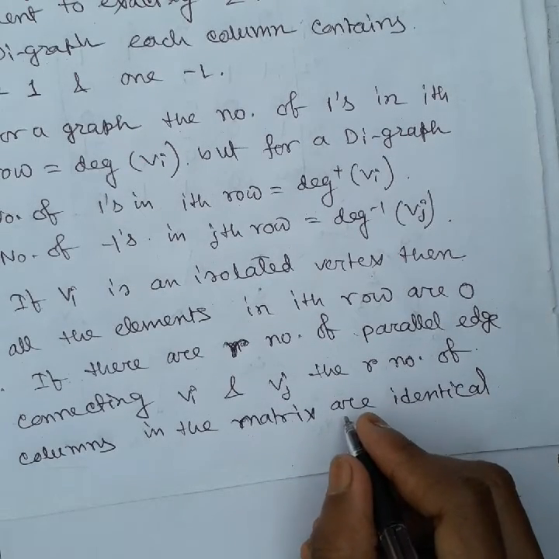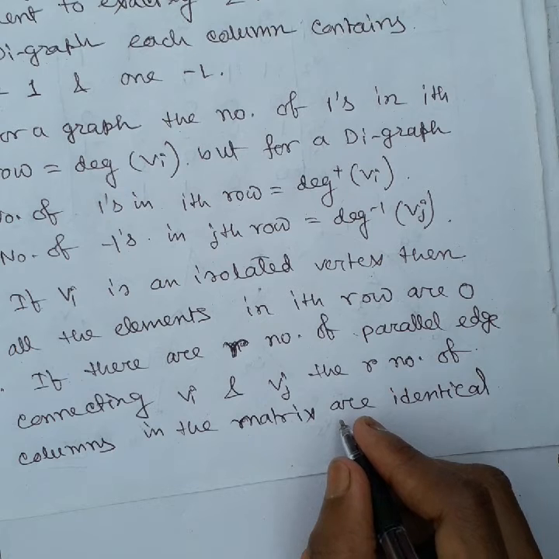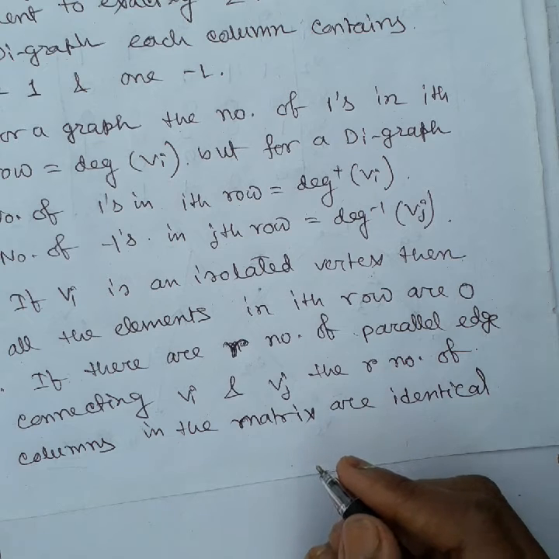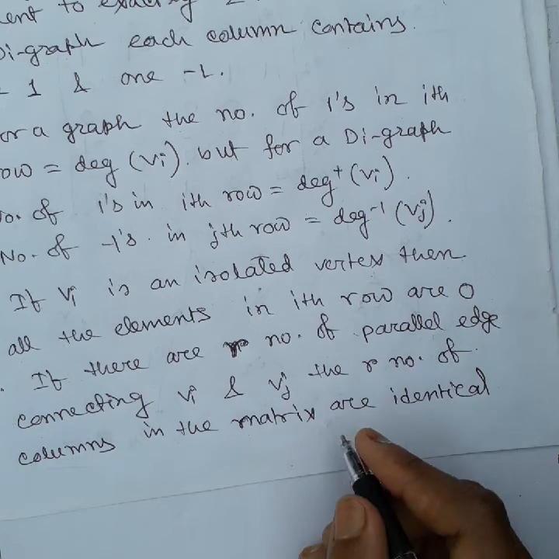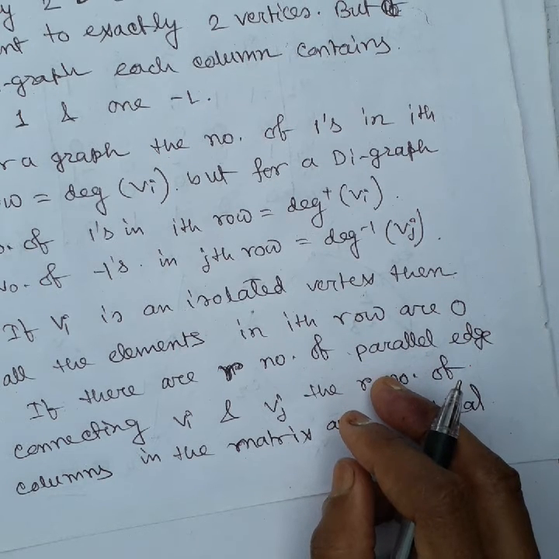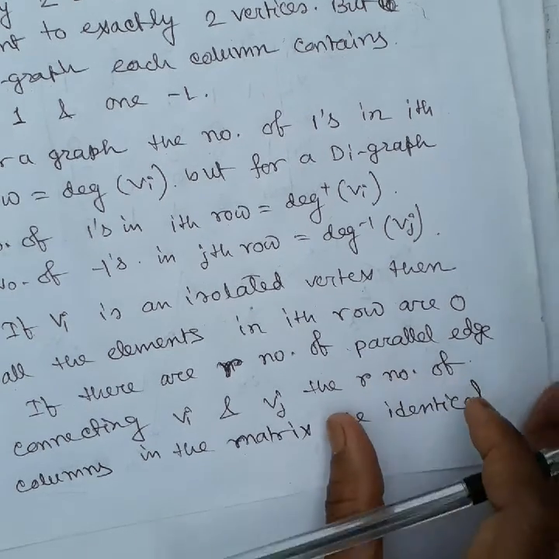Okay. So in a digraph, two lines joining the same pair of vertices are not treated as parallel, because the direction can be opposite. If they have opposite directions, then they are not parallel. But if they are in the same direction, then they are parallel.